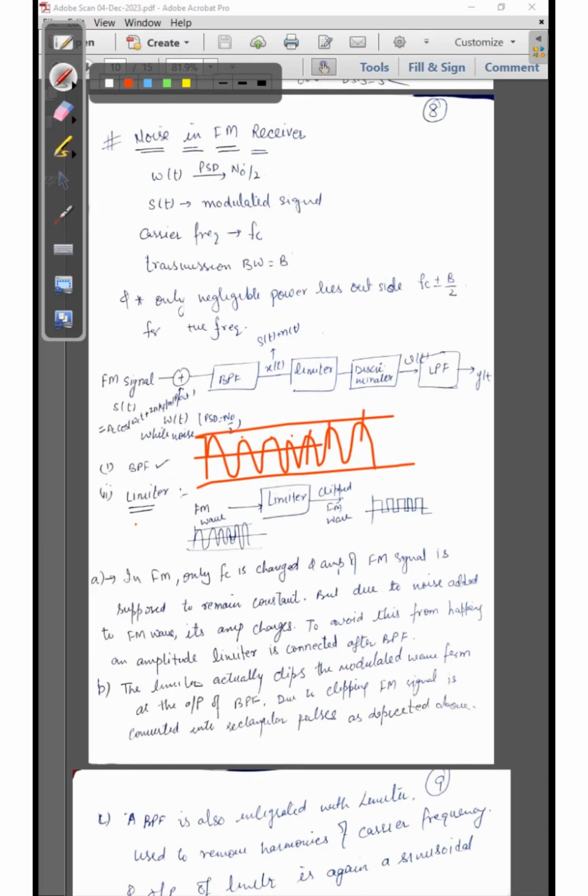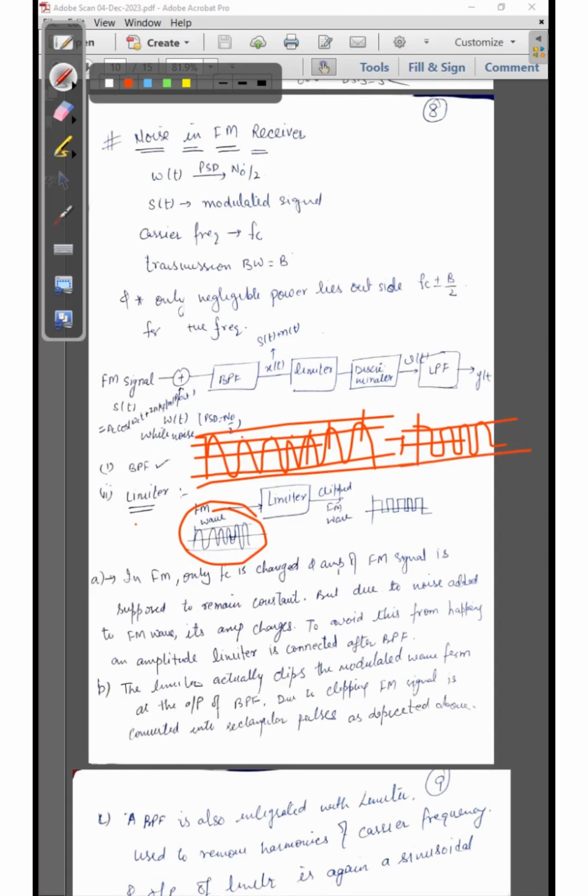This is due to the noise. So what a limiter does is clip off the variation in amplitude, like this, and produce rectangular pulses of varying frequency and constant amplitude, right? So now the amplitude of the wave is constant.